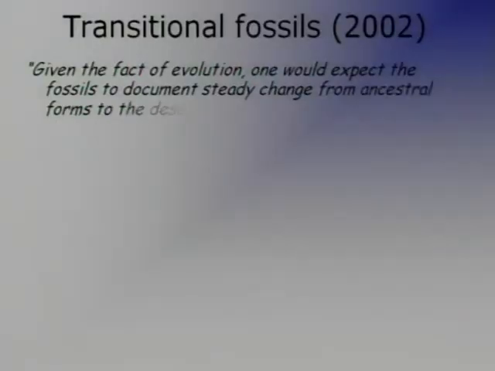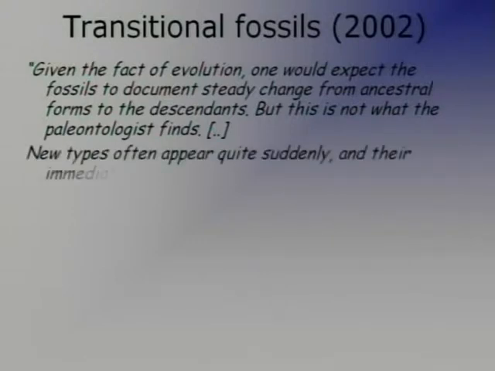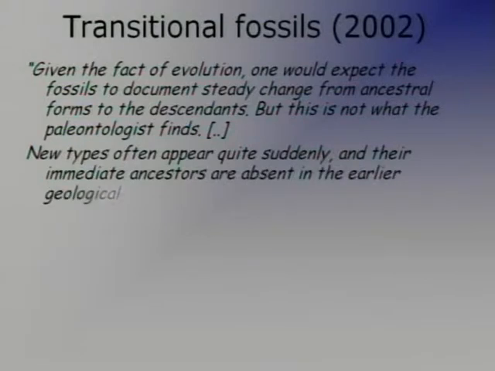And now jumping forward to 2002, again talking about the fossil record. Quote from another famous evolutionist: "Given the fact of evolution," well, we could discuss that perhaps, "one would expect the fossils to document steady change from ancestral forms to descendants. But this is not what the paleontologist finds. New types often appear quite suddenly, and their immediate ancestors are absent from the earlier geological strata.